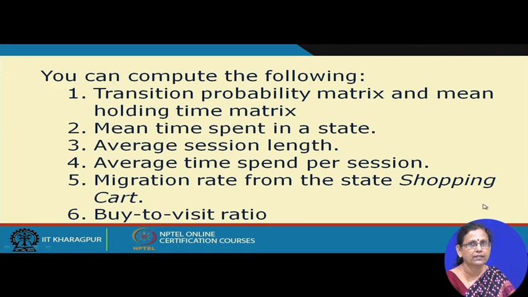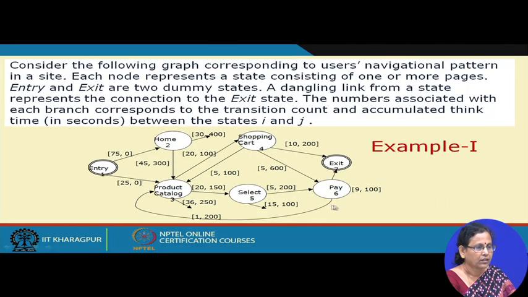Now, what is the migration rate from shopping cart? Look, this is your shopping cart. How many people went out of the site from the shopping cart, which means they have put their product in the shopping cart, but they did not come to the pay state. They actually straightaway exited from the site, which means they did not ultimately buy the product.